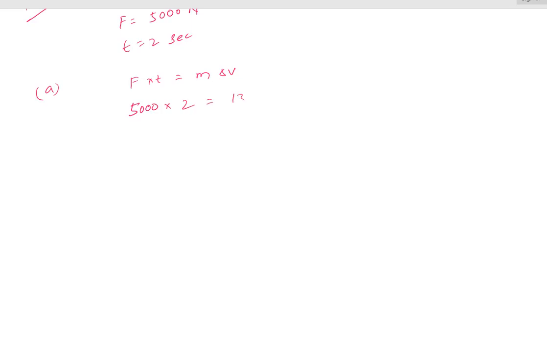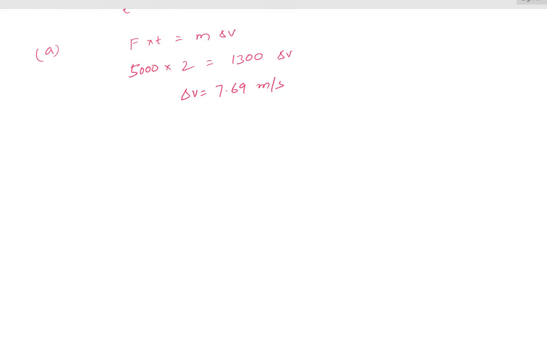Mass is given as 1300 and delta V is what we have to find out. Running the numbers, we have delta V as 7.69 meters per second.